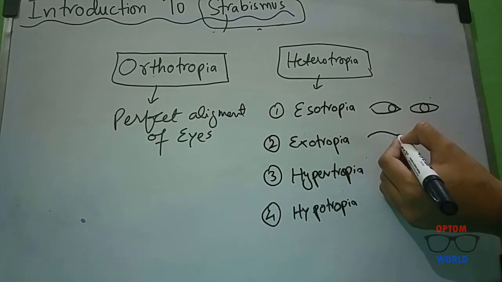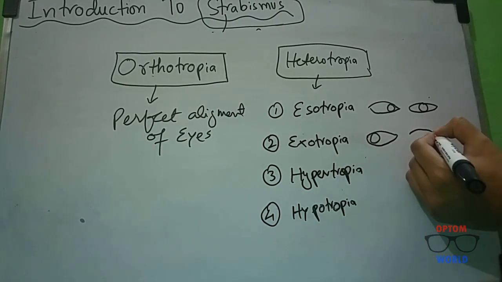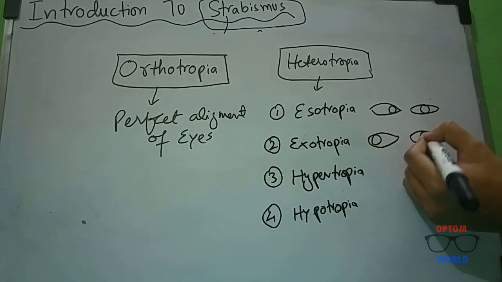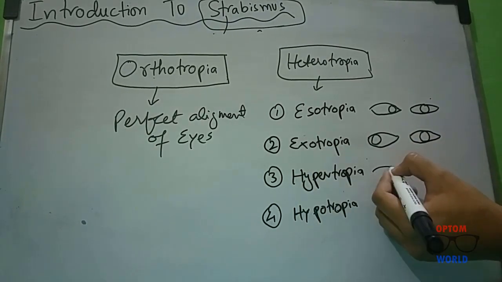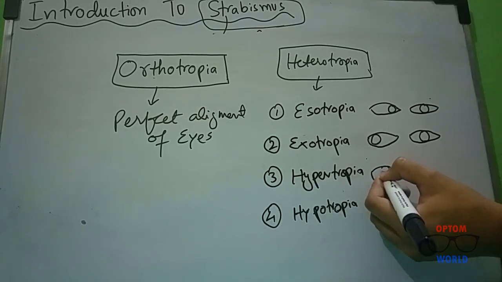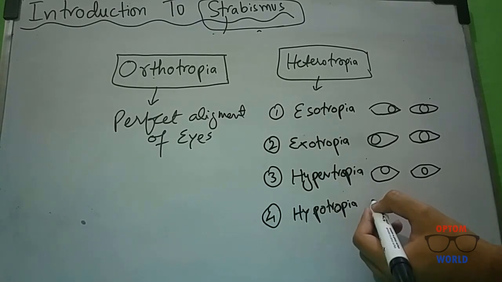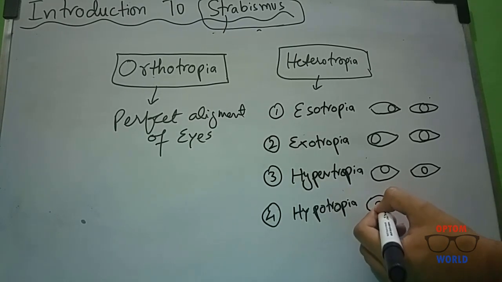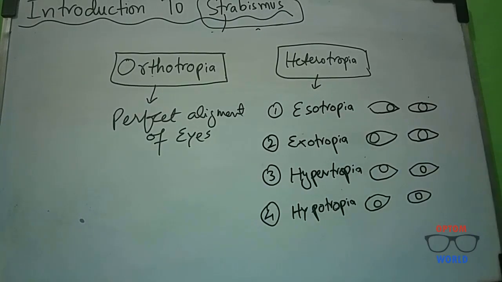In exotropia, one eye moves, or both eyes move outward. This is known as exotropia. In hypertropia, one eye is upward relative to the other, and in hypotropia, one eye is downward relative to the other, which is the normal eye.